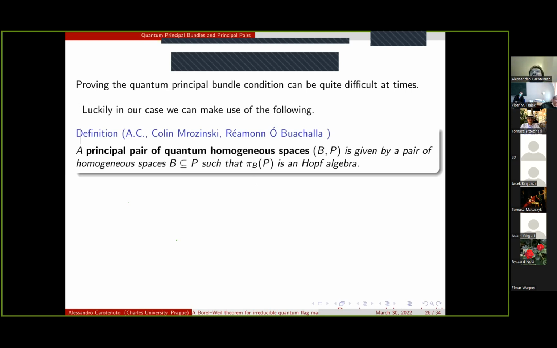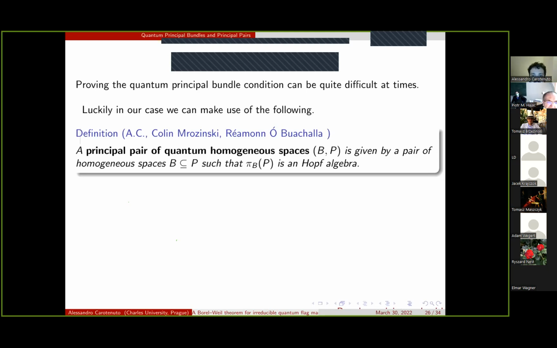More concretely, you can think of B as quantum CP^N, and in that case the Poisson homogeneous space is going to be a quantum sphere, and pi B of P is going to be again a torus, or U1. It's going to be U1, of course.